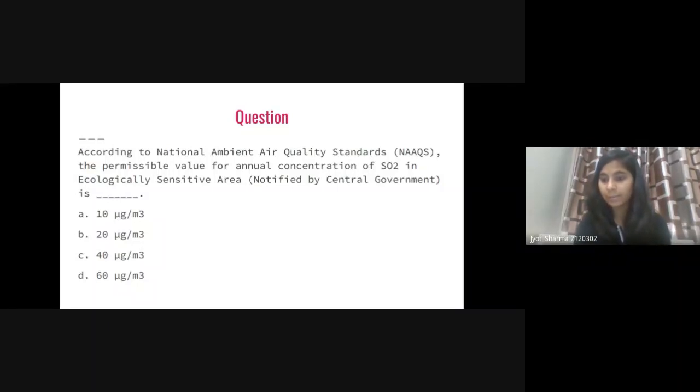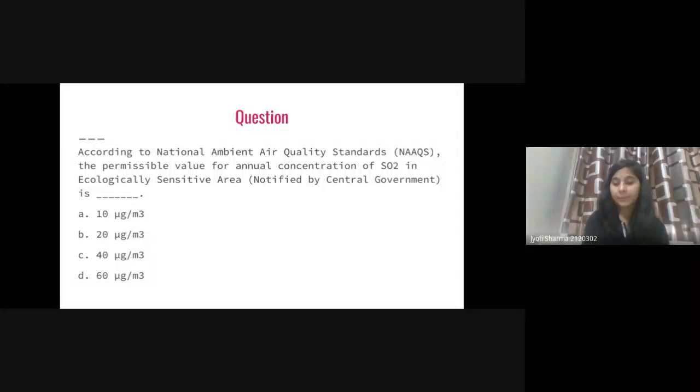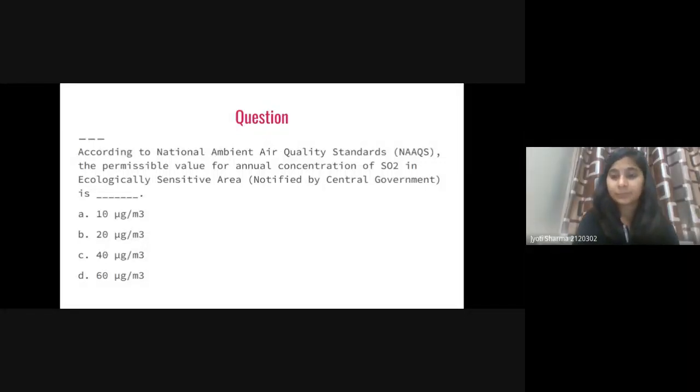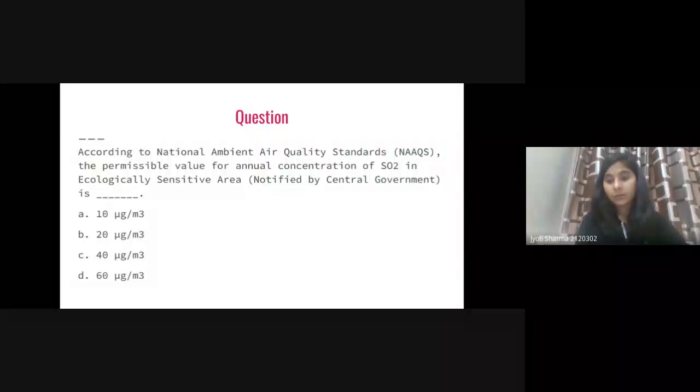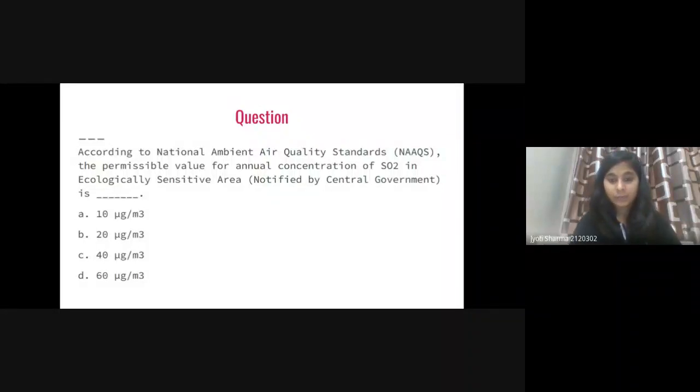20. Any other answer? Rashmi gave me 20 microgram per meter cube.